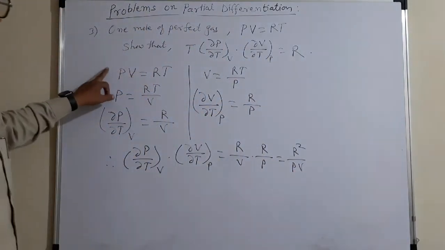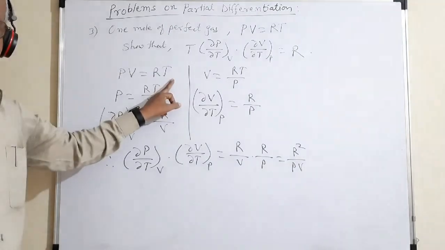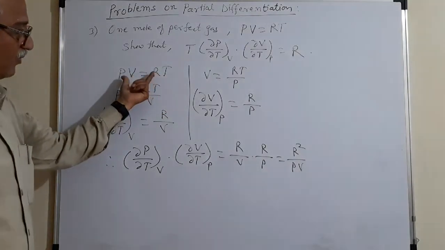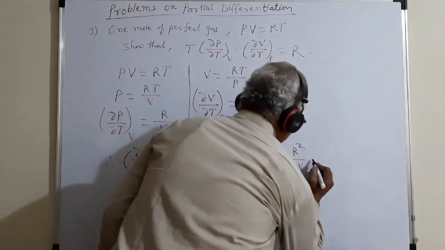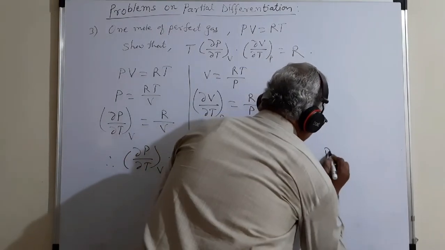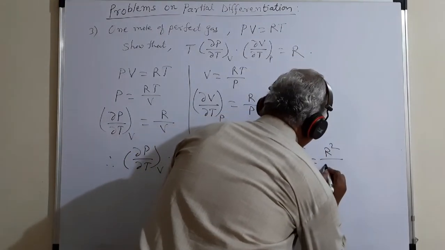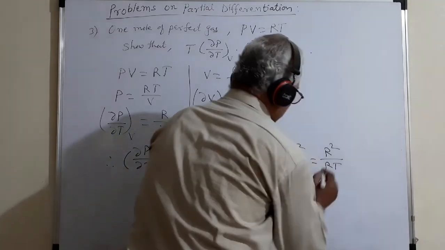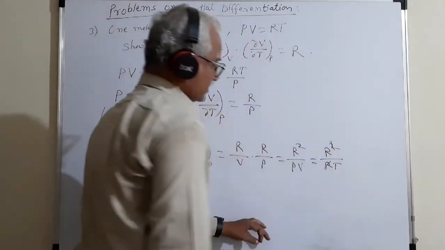But we are given that PV is equal to RT. So using this value of PV here, we can express this as R square upon RT. So this 1R will cancel.